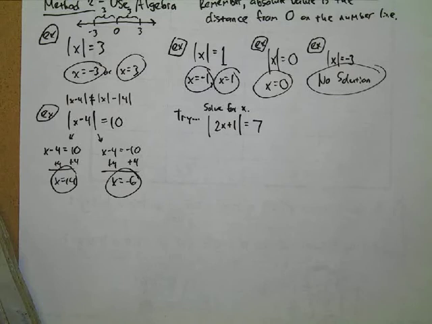So it's 2x. The original equation was 2x plus 1. So you want to make that 2x plus 1. And then subtract 1, so fix your answers there. But otherwise, it's pretty good. Good job. Negative 7 take away 1, it's going to be negative 8.